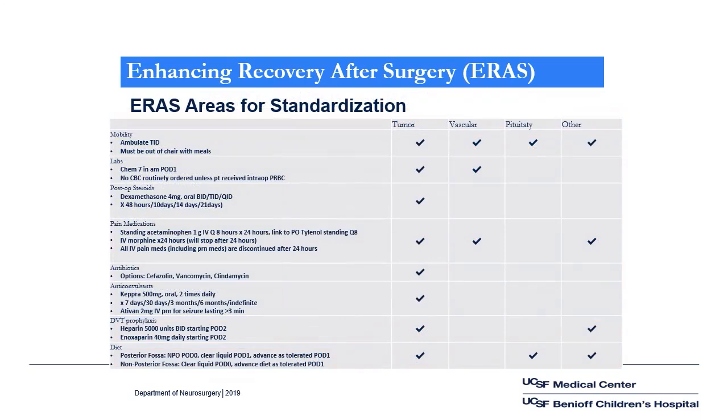At the University of California at San Francisco, it includes standardization of multiple different domains, including mobility, laboratory work, postoperative steroids, postoperative pain medications, antibiotics, anticonvulsants, DVT prophylaxis, and the initiation of a diet after surgery.